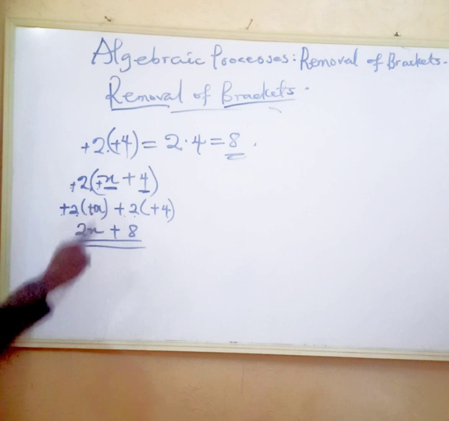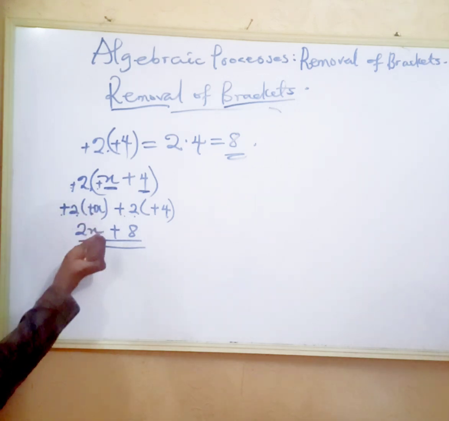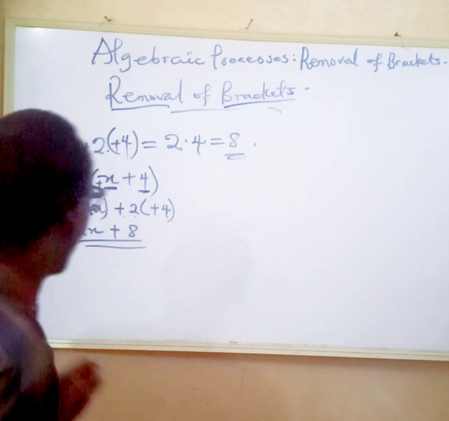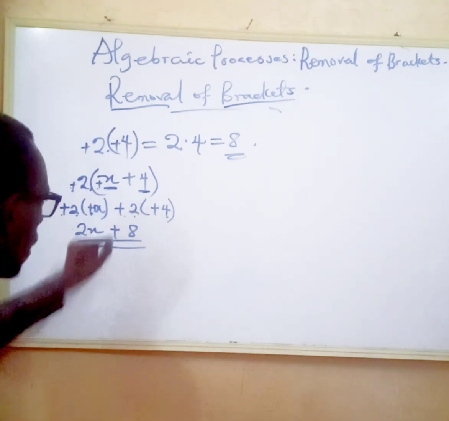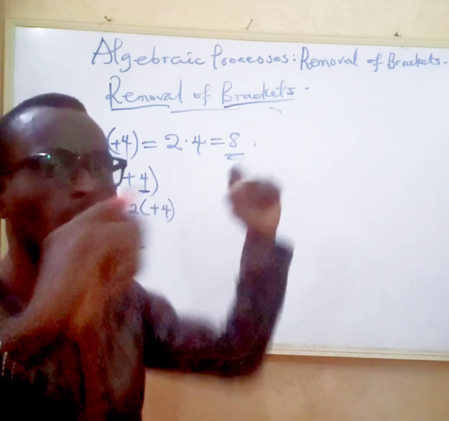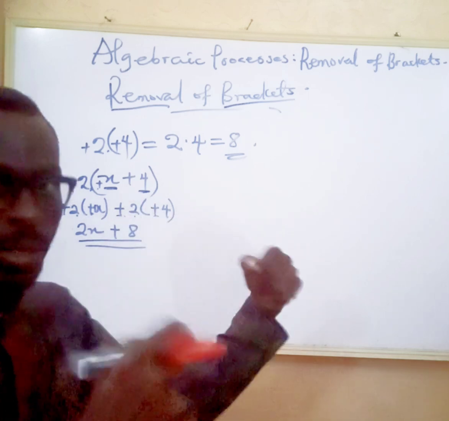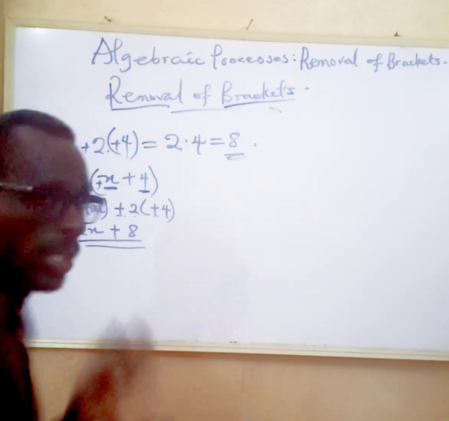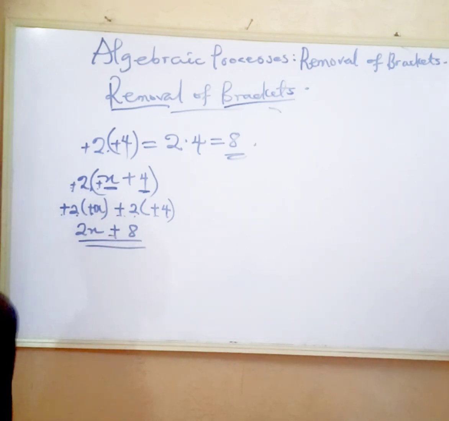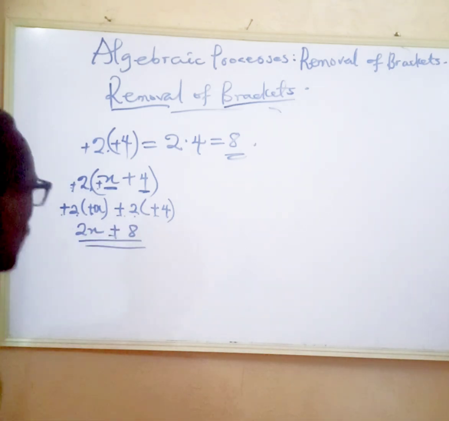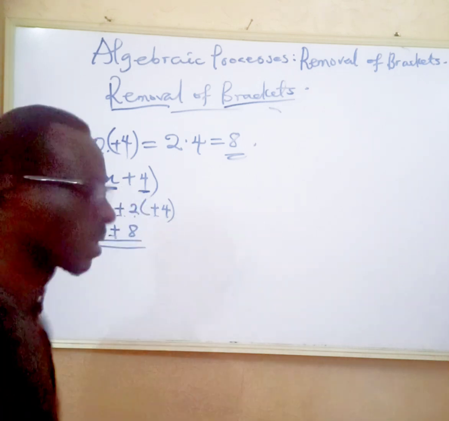And we have said plus times plus is plus, 2 times 1 is 2, multiplied by the term x. And we have only included this plus as a separator here because it is until the multiplication of sign in the second term comes into life, that is when we will determine what this separator will become. That separator being an operator will become plus. So plus times plus gives us plus, 2 times 4 gives us 8.